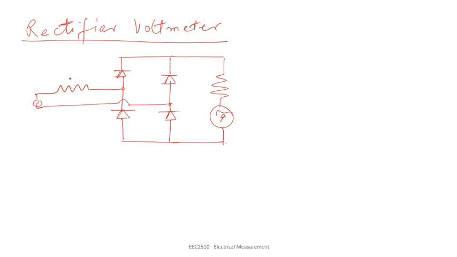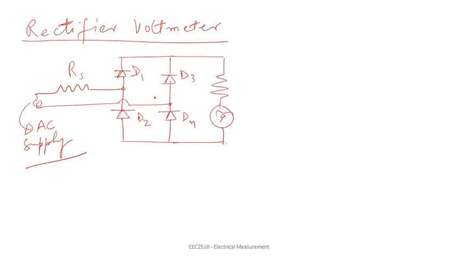Okay, so this is the series resistance, which is called the multiplier. This is the AC supply. These are the four diodes, which is nothing but a full wave rectifier, D1, D2, D3 and D4.